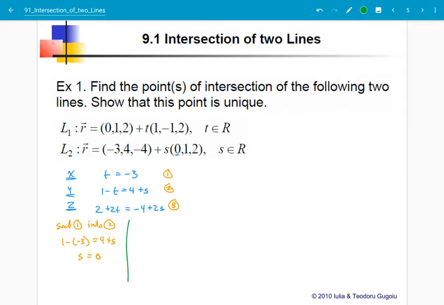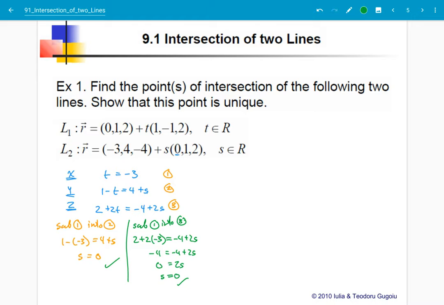So again, I'm going to sub 1 into 3. I get 2 plus 2 times negative 3 is equal to negative 4 plus 2s. So then I get 2 minus 6 is negative 4 is equal to negative 4 plus 2s. 0 is equal to 2s and s is equal to 0. So I checked in both.